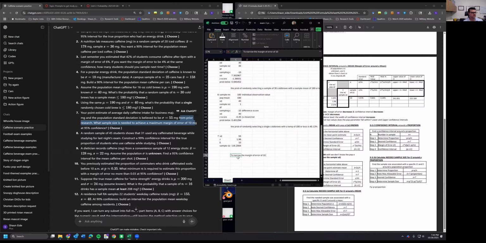Let's see here. We need to have a sample margin of error of 10 around the point estimate of, let's see here, 210 milligrams.